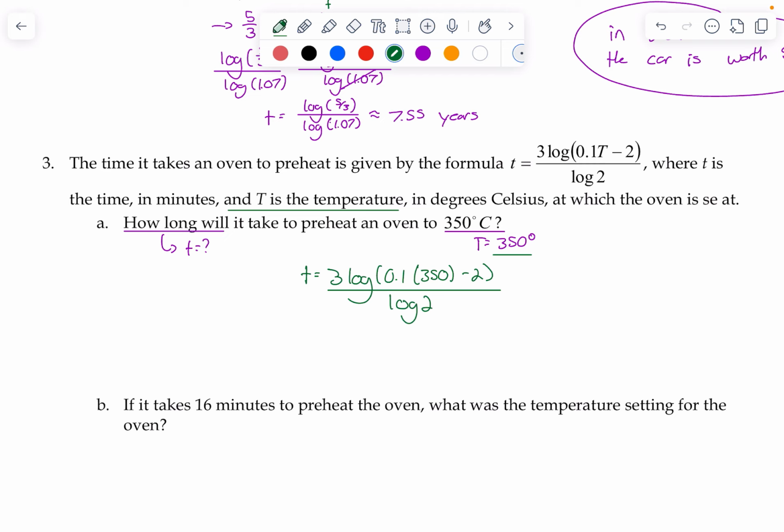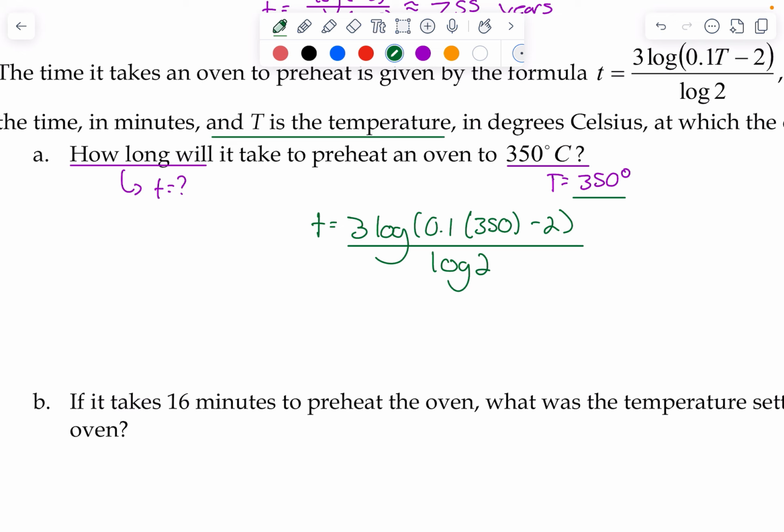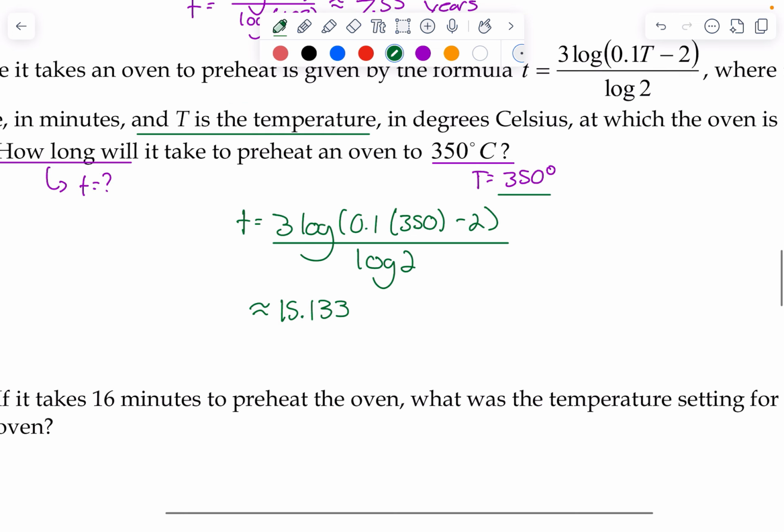So this is just a calculator problem in essence. So just put that all in your calculator and hit equals, and try putting it in your calculator yourself, and let's see if you get the same answer, because again, every calculator is different on how it asks you to input numbers, but you should get roughly 15.133.